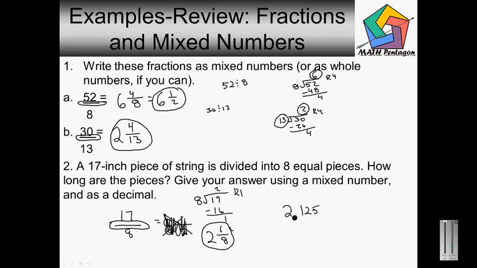So this would be the decimal answer right here, 2.125 inches. So this is the answer in fraction mixed number form, and this is the answer in decimal form. So that we have the mixed number answer and the decimal form answer.